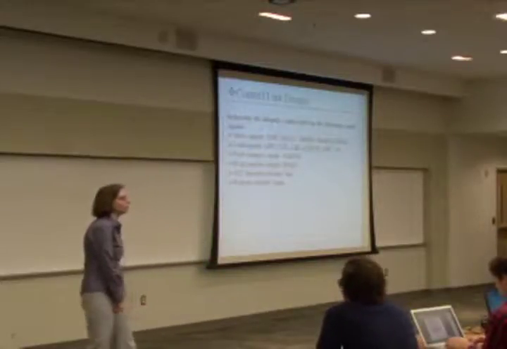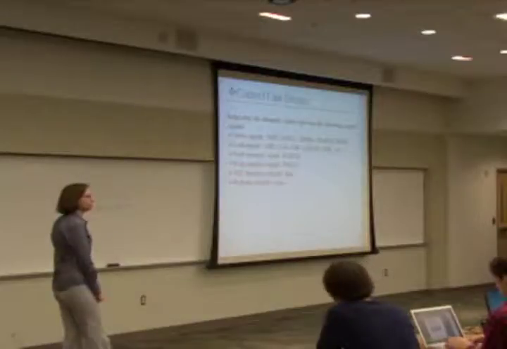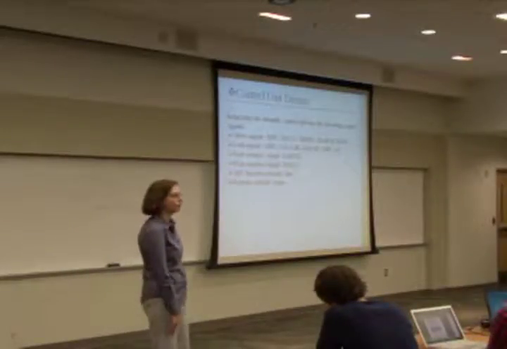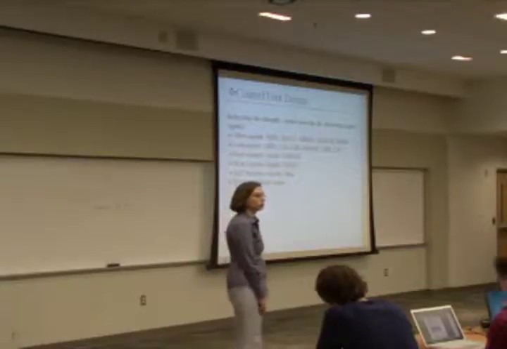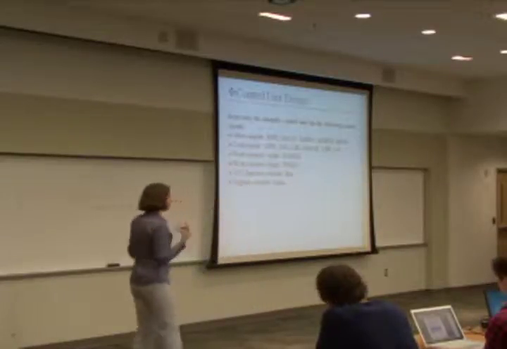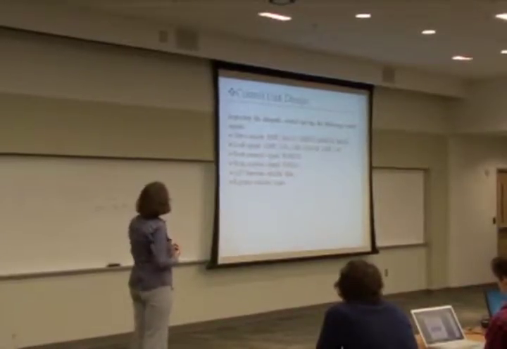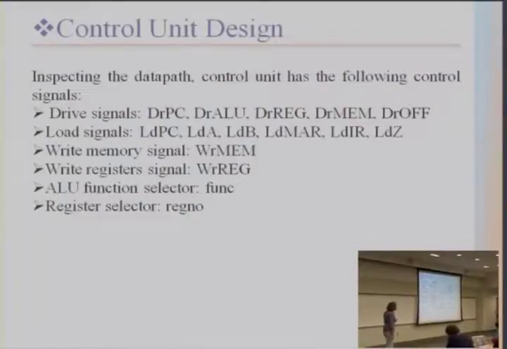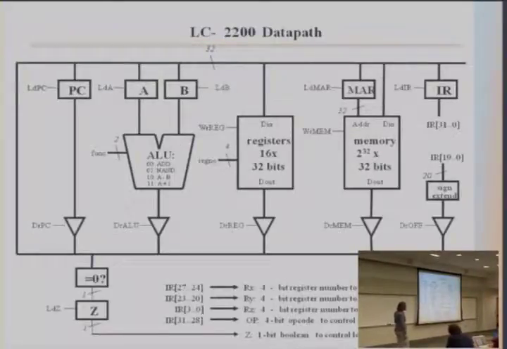Now, what do we need to make it work? Exactly. We need a director to orchestrate our nice control unit. To control that, you saw here that we have a bunch of control signals like load PC, load A, load B, or drive PC, drive ALU, and so on.